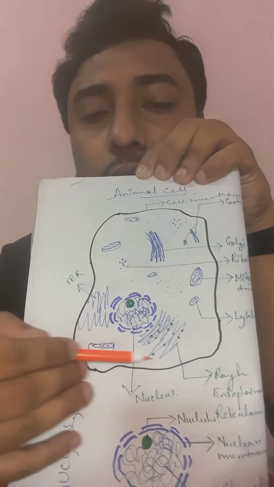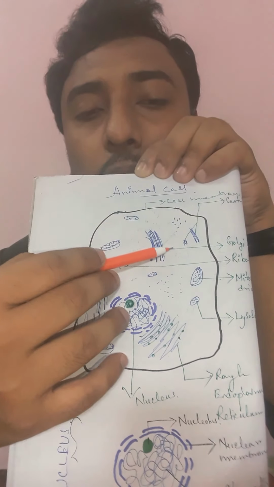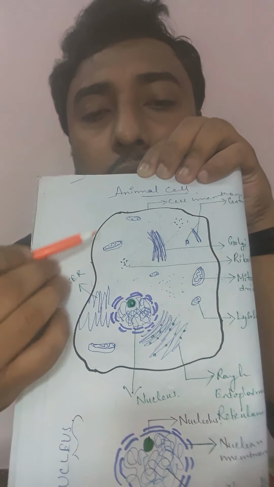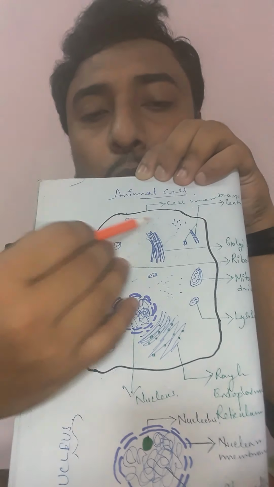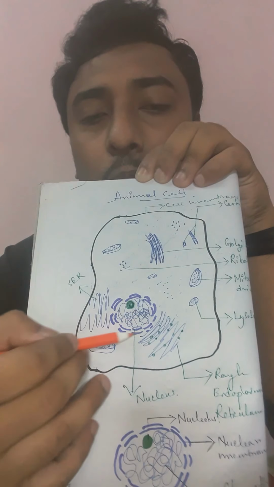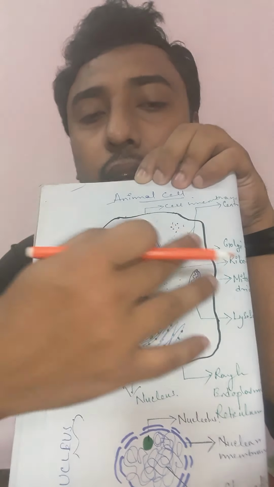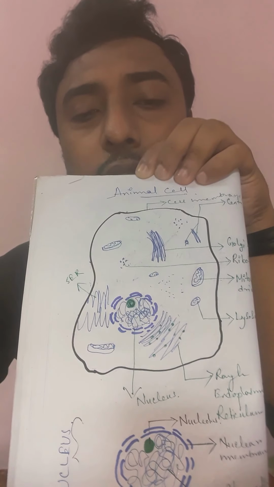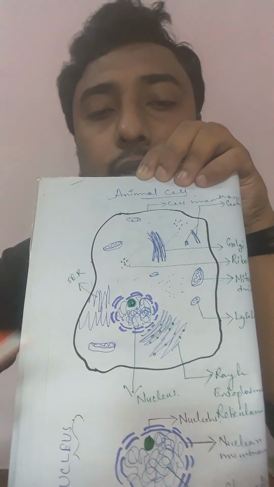So it is cell membrane and the total entire part inside, that is protoplasm. If you break protoplasm you will get nucleus, and except nucleus the total entire portion is cytoplasm. So protoplasm equals nucleus plus cytoplasm.